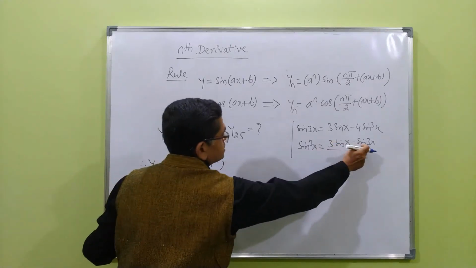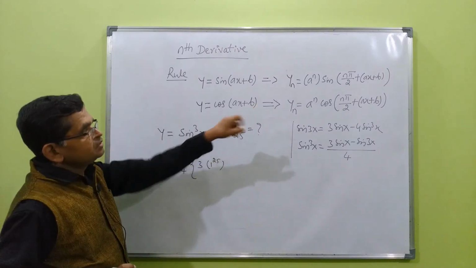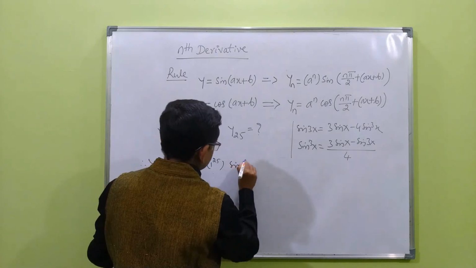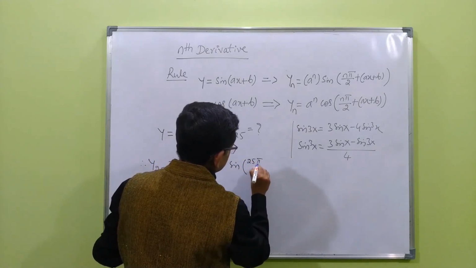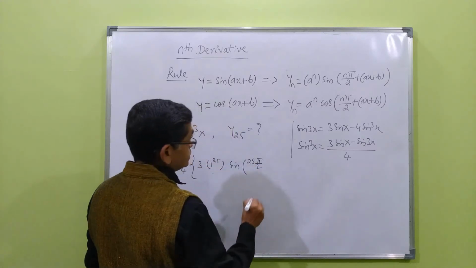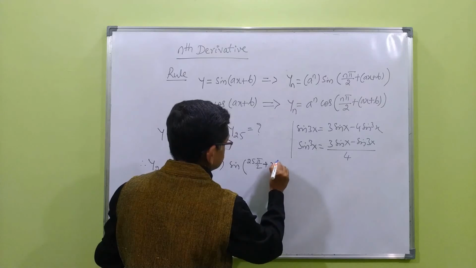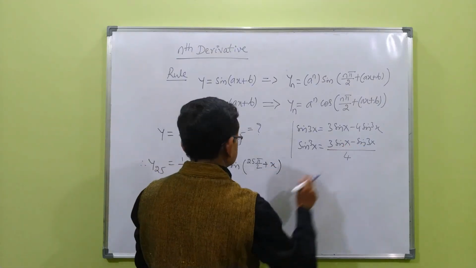For this one and this one you have to separately consider sine of nπ by 2, that is sine of 25π by 2 plus ax plus b, which is x only, minus this one.